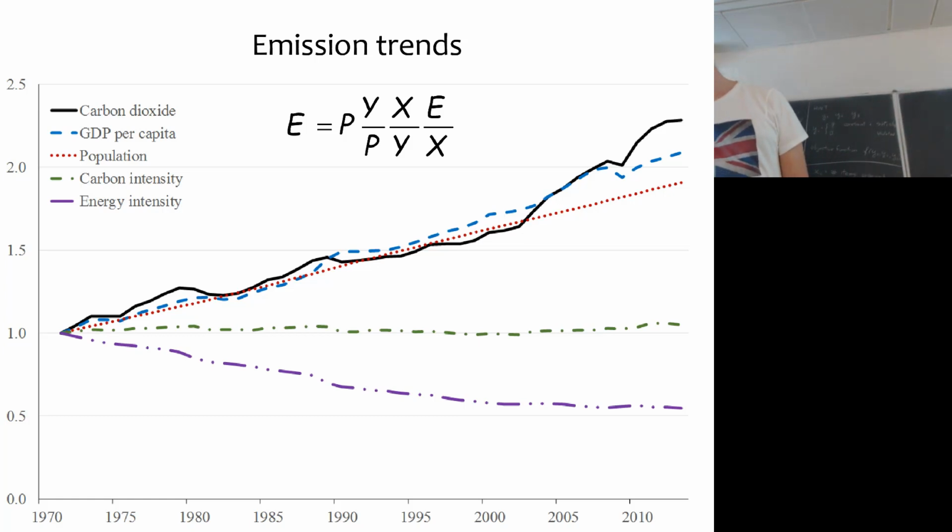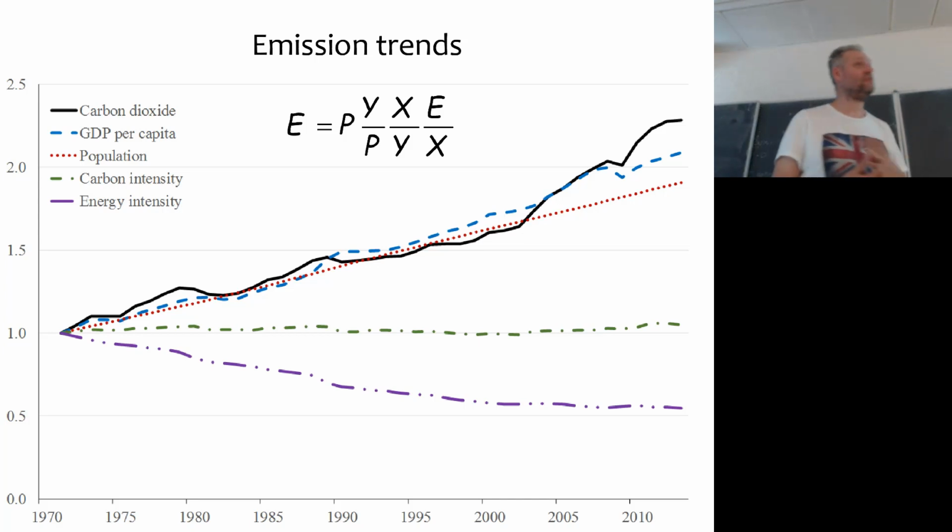And that is the other two lines that you see, in purple, I think it is. You're looking at the energy intensity of the economy. So essentially, how much energy do we put in to make a euro, in terms of value added. And what you see is that energy intensity has roughly halved over this 45-year period.